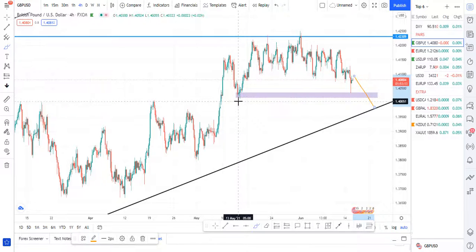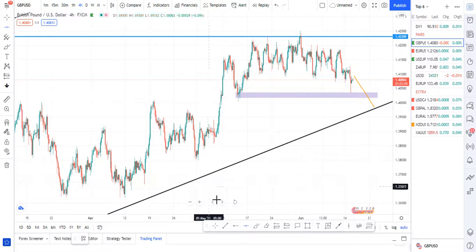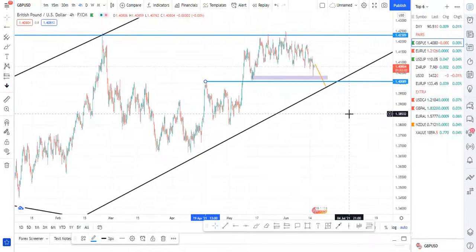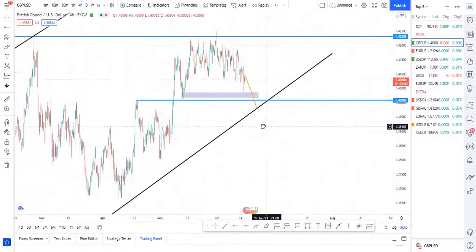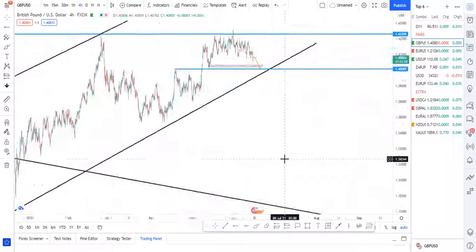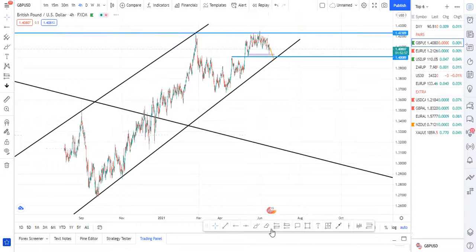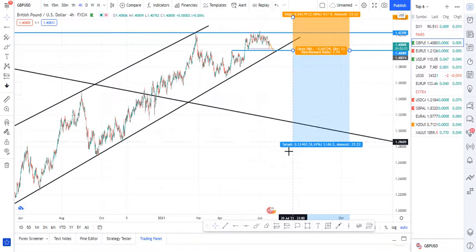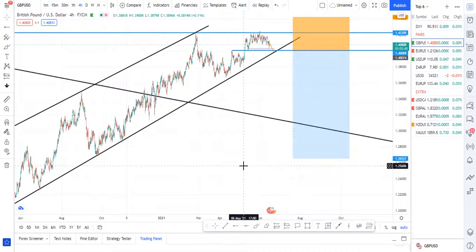So I'm going to set it there and say that if it passes this level here, I'm going to start looking for sells to the downside until like 90% of it is filled.